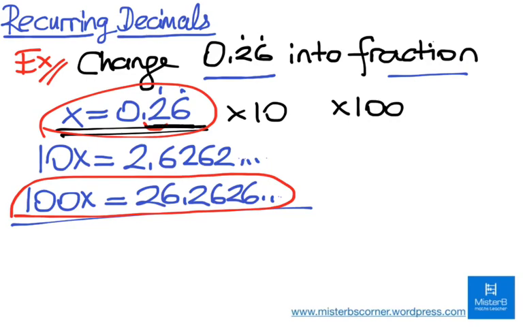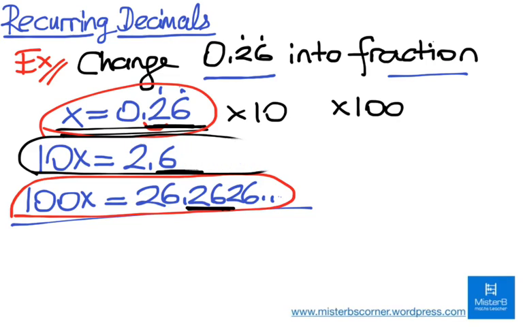It starts with 26, here it starts with 26 and goes on. Whereas for 10x, it starts with 6. It doesn't start with 2. So it is in a position that is 6262, not 2626. So I can ignore this, and I can go with these two.